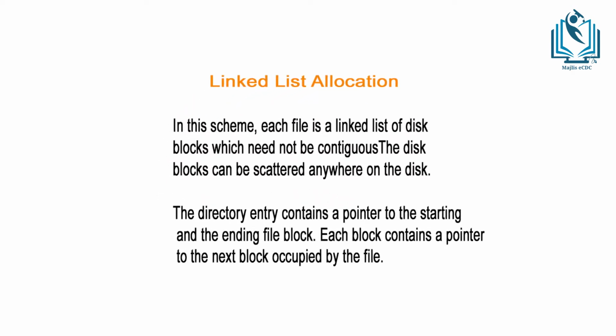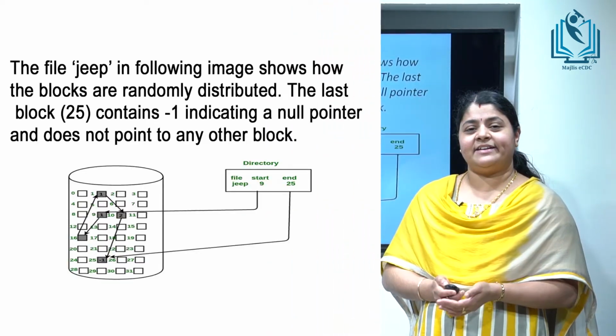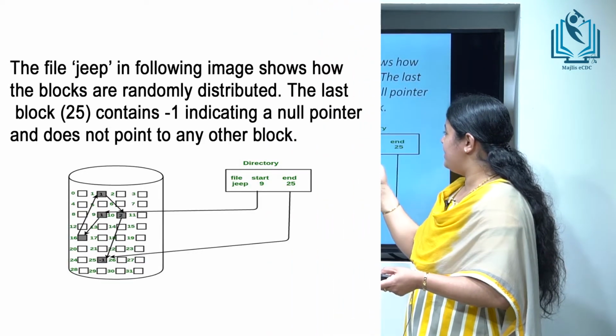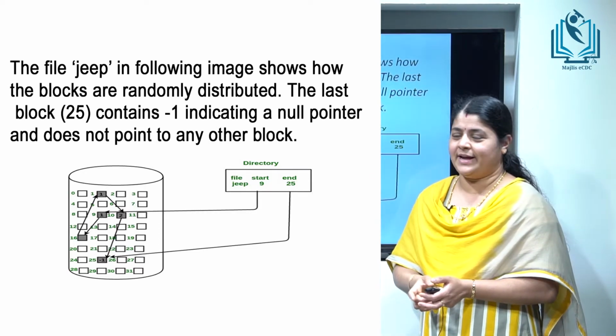Next is linked list allocation. In this scheme, each file is a linked list of disk blocks which need not be contiguous. The disk blocks can be scattered anywhere on the disk. In the linked allocation, the directory contains the file name, starting block address and ending block address of the file.